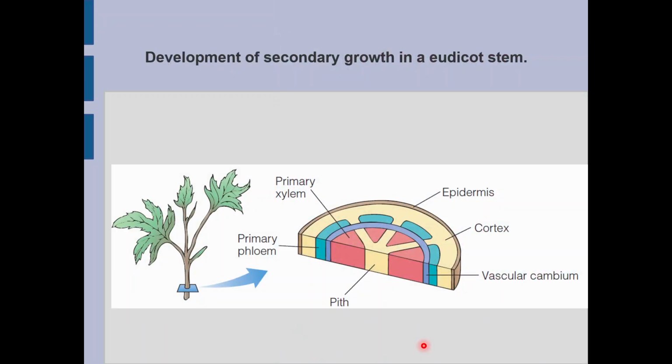Let's talk about the development of secondary growth, which usually occurs in trees. So the tissues of a young stem of a woody plant have a vascular cambium.